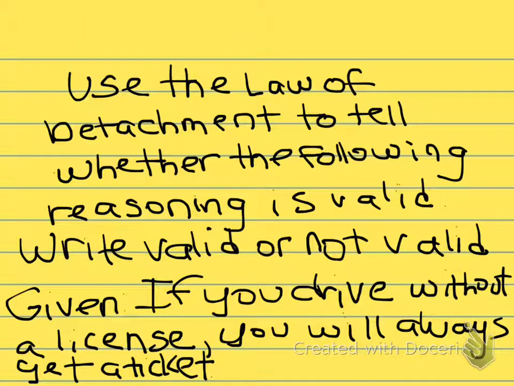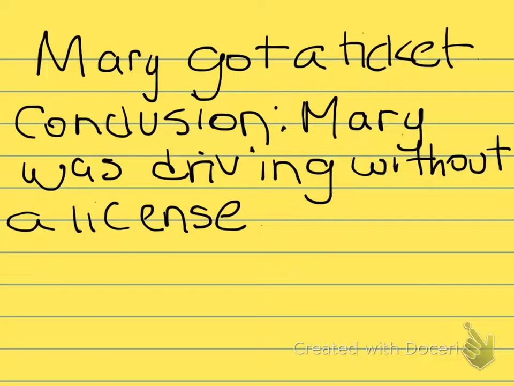Next, we're thinking about the law of detachment. That is going to tell us whether this is supposed to be valid or not valid. If you think about the given here, it says if you drive without a license, you will always get a ticket. Mary got a ticket. So, think about the scenarios of Mary getting a ticket.